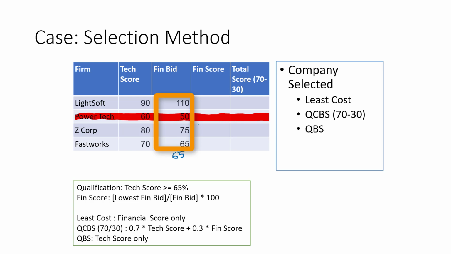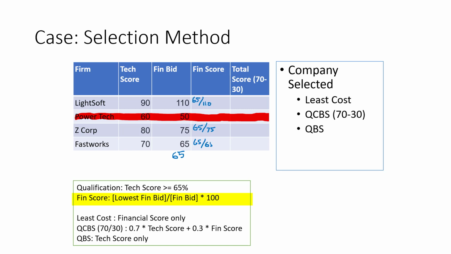Next we calculate the financial scores, which is the lowest bid divided by the bid value. So the first one is 65 over 110. The next one would be 65 divided by 75, and the last one is 65 divided by 65. So that would give us the financial score.